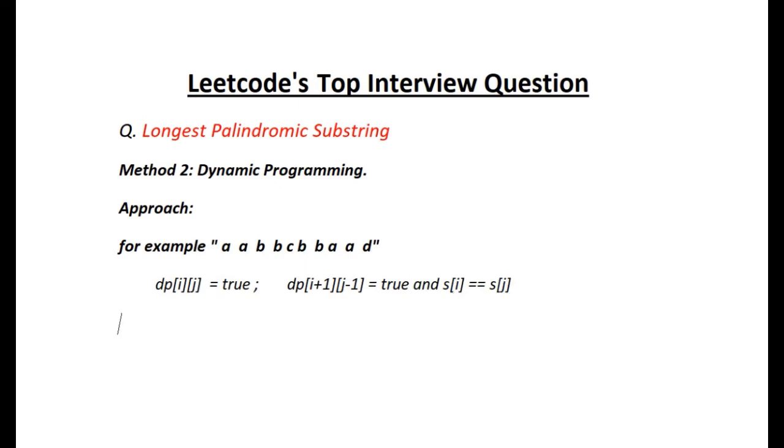And this would be our recurrence relation. Otherwise, dp of I comma j is equal to false. If this is the condition, then dp of I j is true.